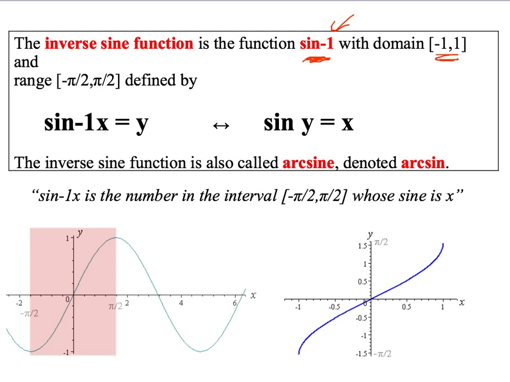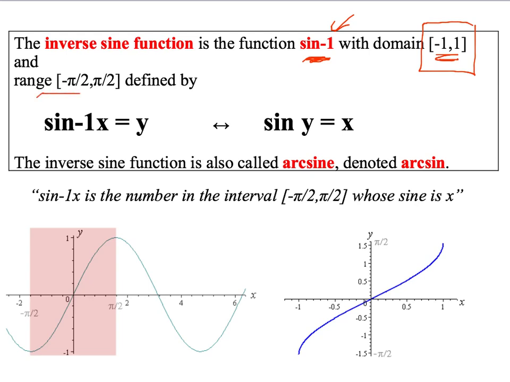Given some angle measure along the unit circle, the sine function tells you the y-coordinate, and the largest possible y-coordinate is 1, the smallest value is -1. So that output of your function becomes the input of your inverse. And there's our domain of -1 to 1, because that was the range of the sine function.